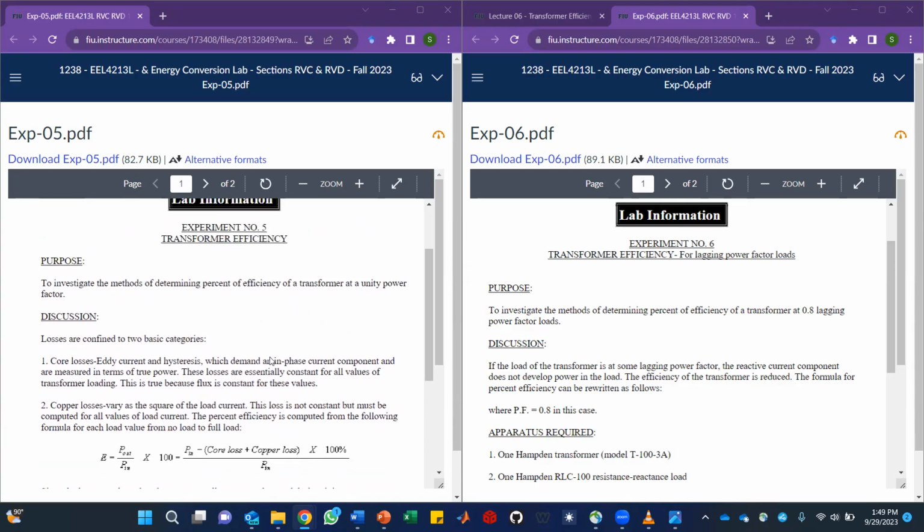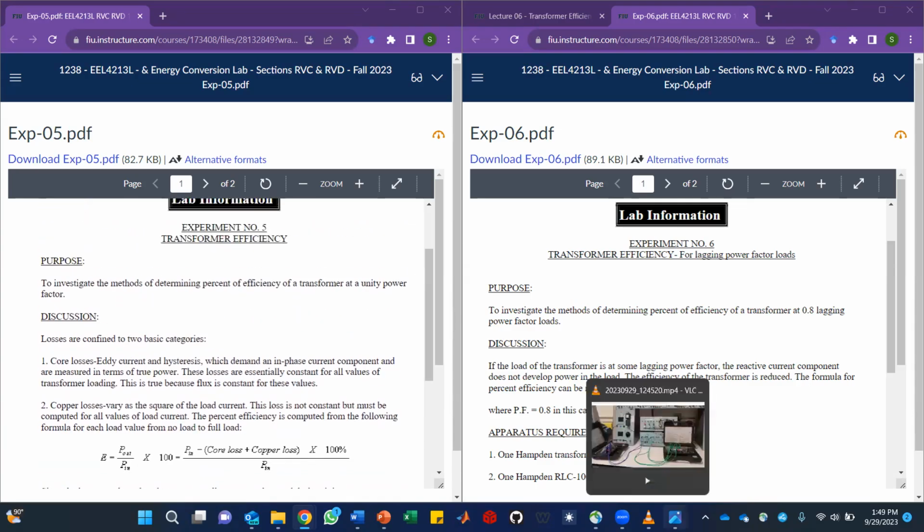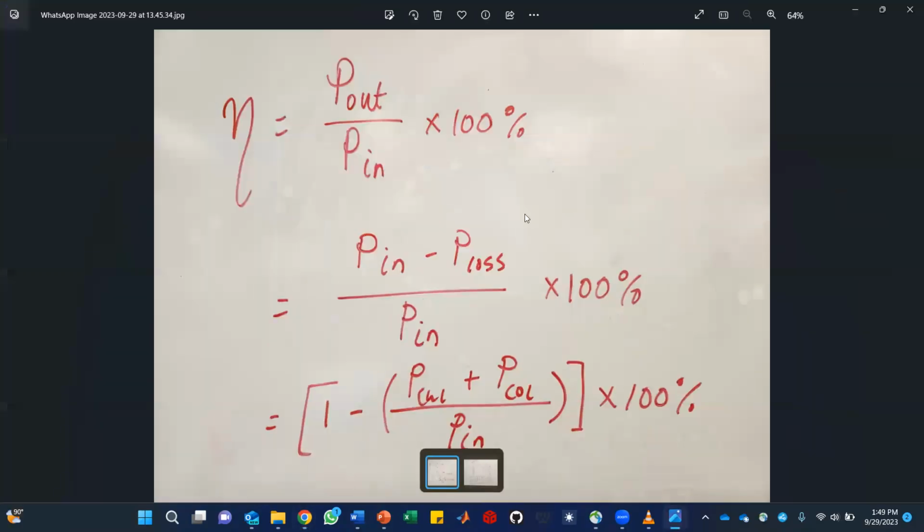So the basic formula of efficiency for anything will be power output over power input times 100, and that will give us percentage of efficiency. And power output is nothing but power input minus power loss.